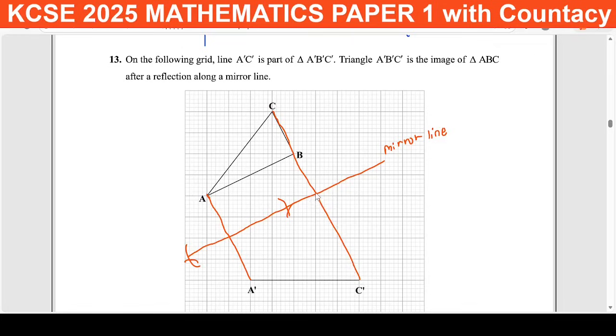So if you measure this line from here to here, it should be equivalent to this line from here to here. Even this line from here to here is equivalent to the line from here to here.